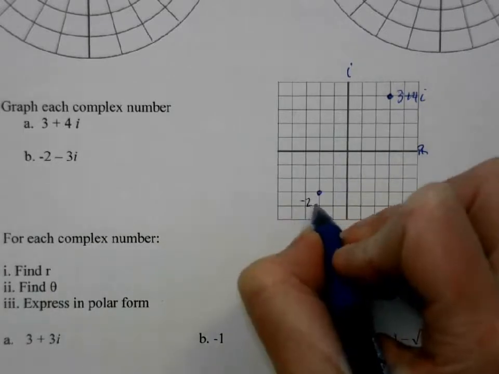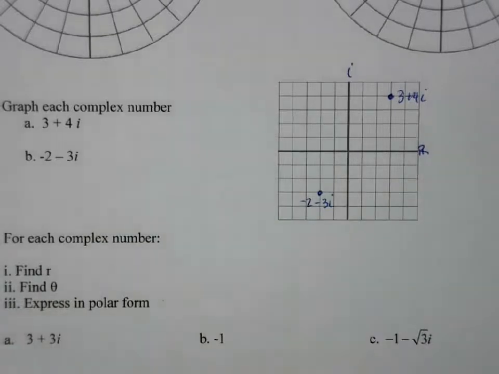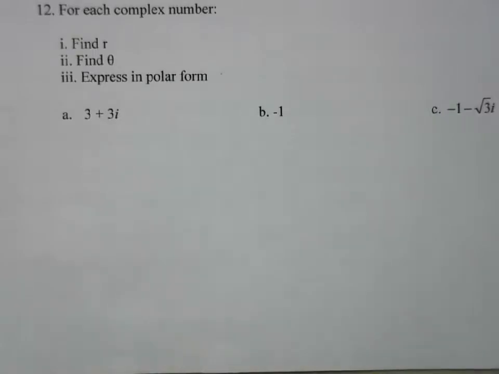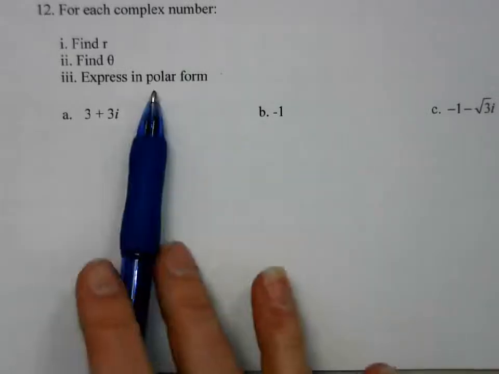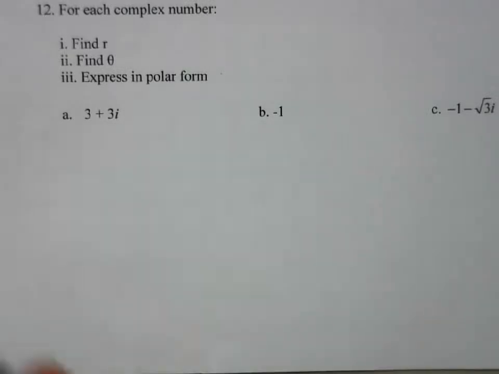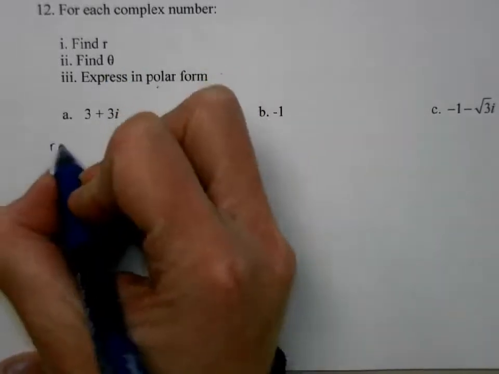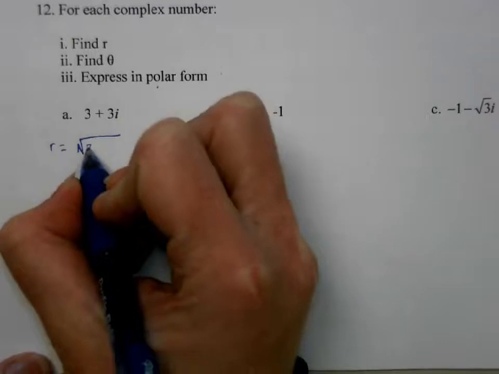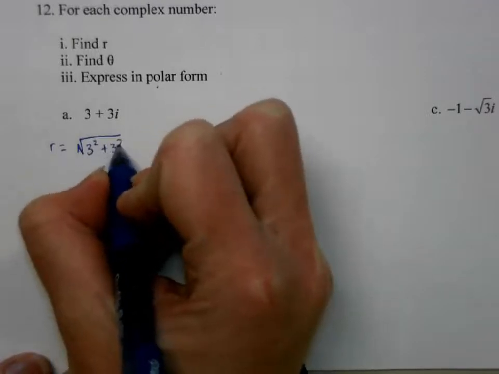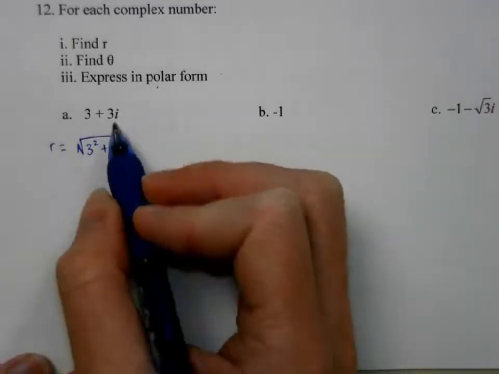Okay, in this next section, we are going to take a complex number in rectangular form and turn it into polar form by finding the r, finding the theta, and then putting it in polar form. Okay, r is equal to the square root of 3 squared plus 3 squared. We don't care about the i, it's just part of this. So this will be 9 plus 9, or root 18.